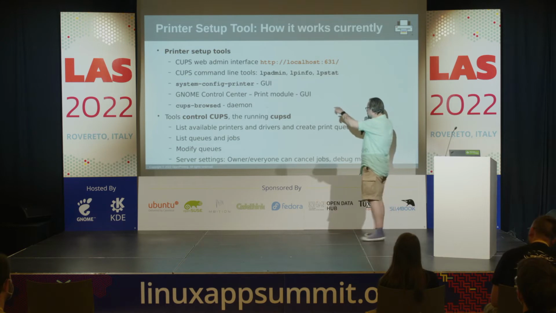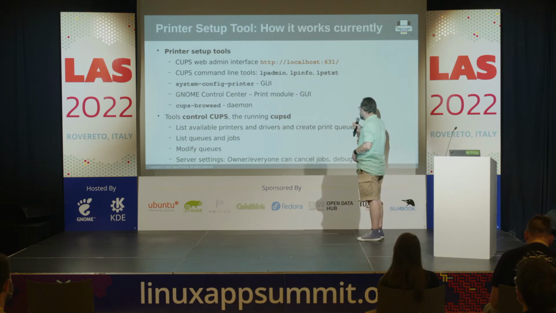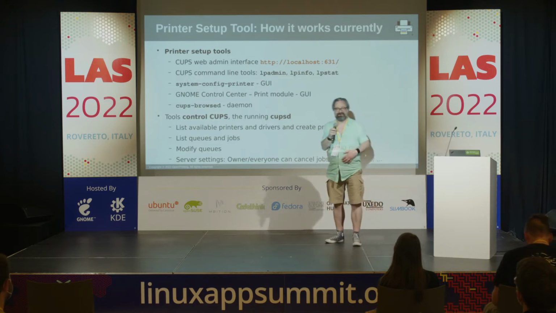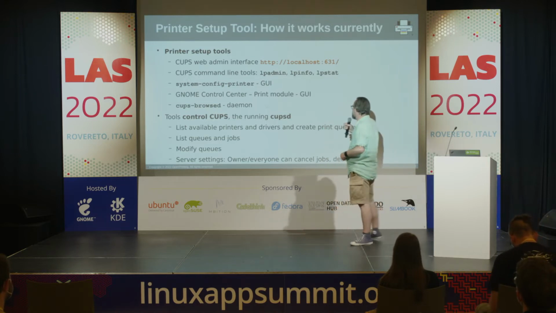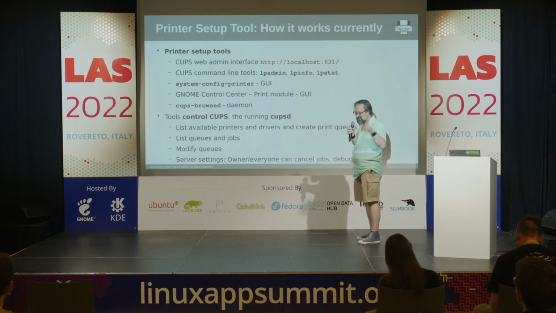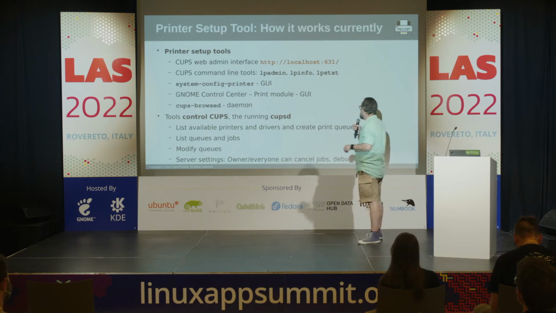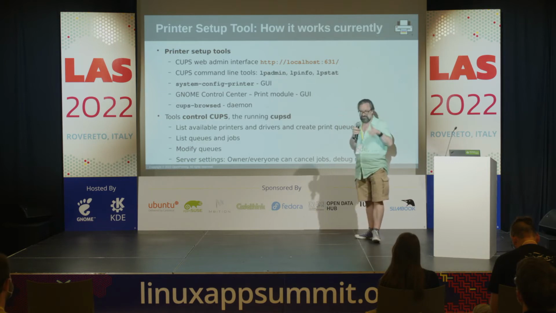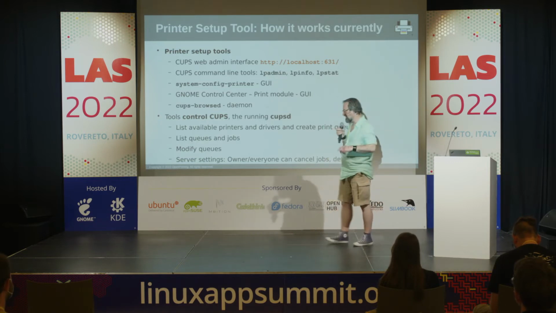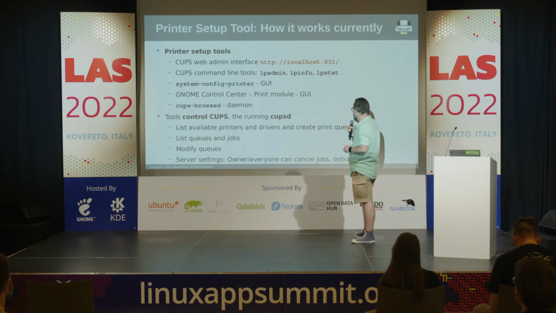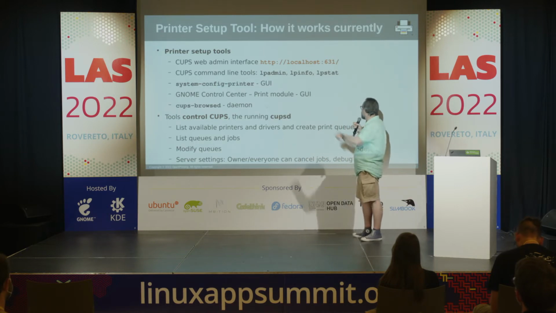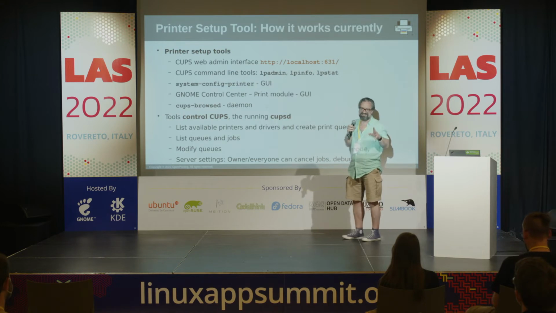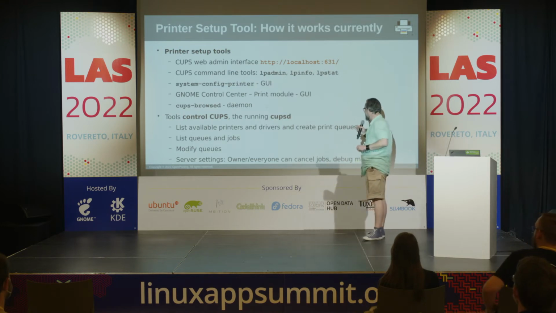And here system-config-printer will not work anymore. cups-browsed will later be turned into a printer application so that one can at least use it as a cluster manager. And GNOME Control Center will be completely changed. I'll talk about this later today. And yes, the print module of GNOME Control Center, not the complete GNOME Control Center.